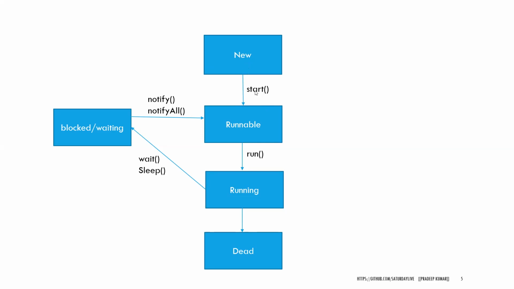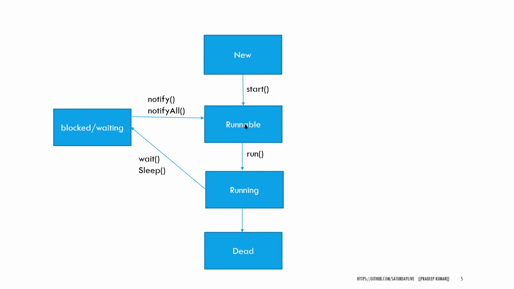When we call the start method, the state of the new thread will be marked as runnable, right? It is not yet running, it is just in the runnable state. That means at any given point of time, the JVM might send an instruction for the thread to start running.